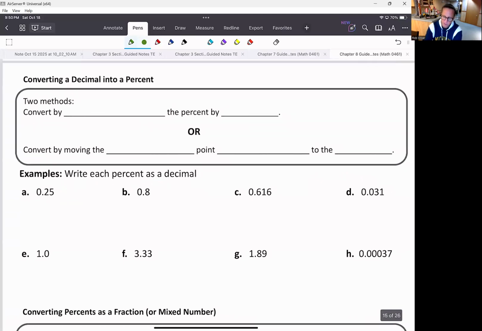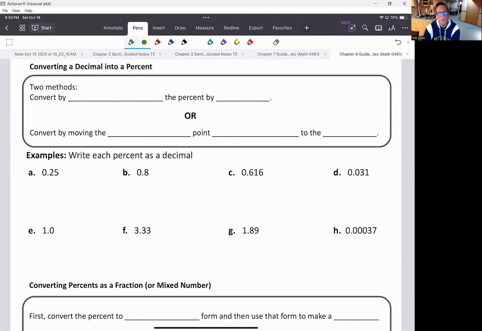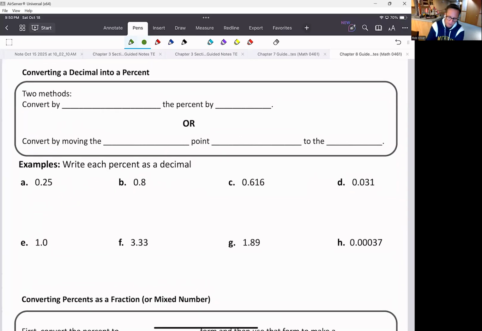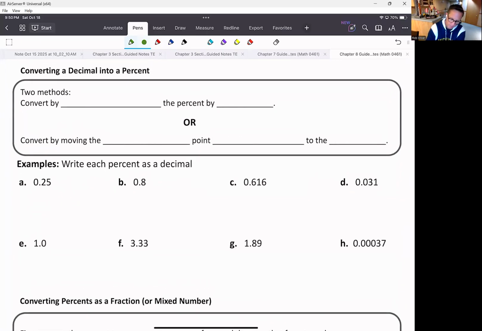All right, next page, converting a decimal into a percent. This is the opposite of what we just did. Convert by multiplying by 100, or by moving the decimal point over 2 digits to the right.